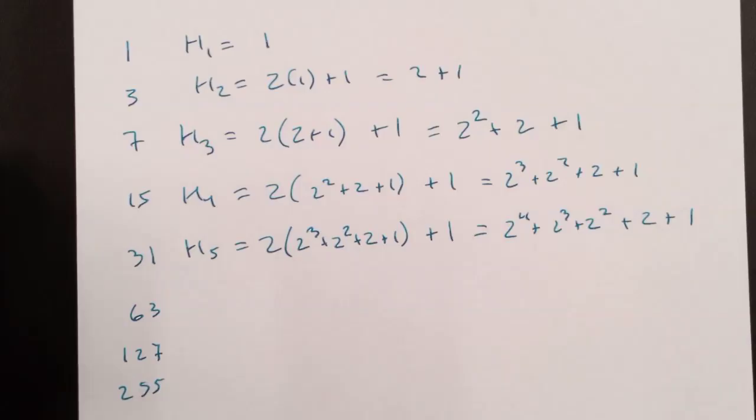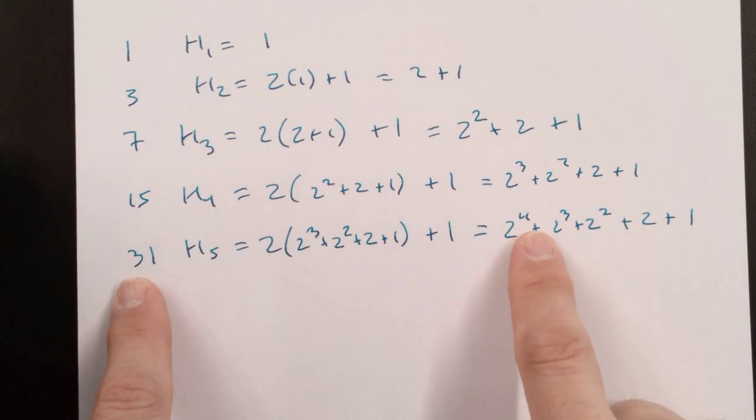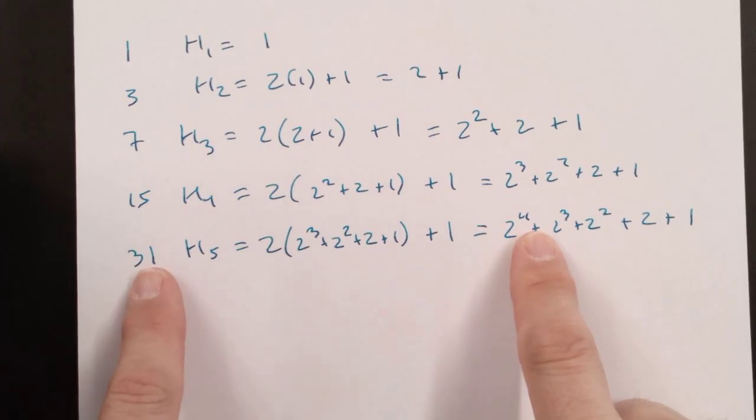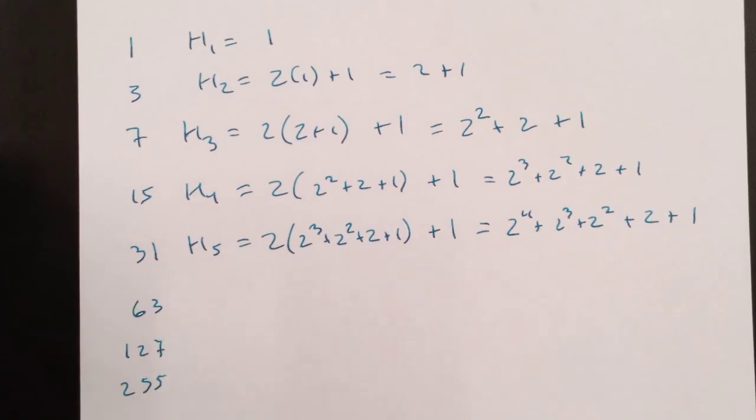And if I added 1 more, I'd roll over all the bits, wouldn't I? I'd get 1 0 0 0 0 0. 2 to the 6th. 2 to the 5th. And 1 more would give me 32, wouldn't it?